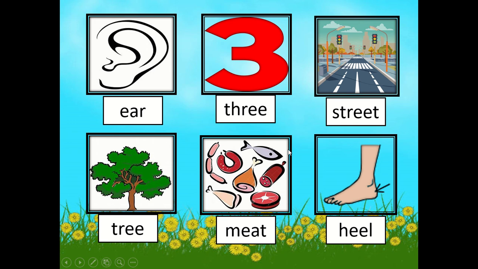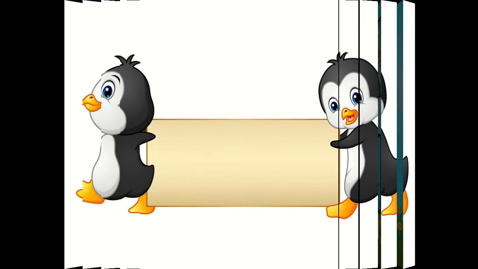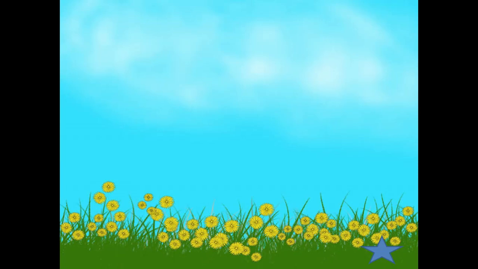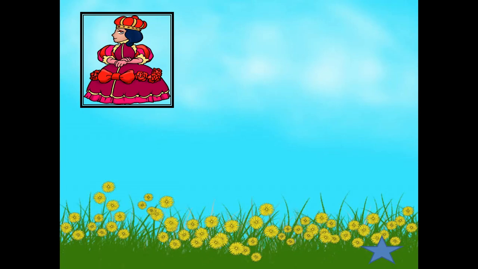It is the E sound. Now let's have an activity. So I'm going to show you some pictures and decide if these pictures have the E sound or the short sound or the E sound or what we call the long sound of the letter E.